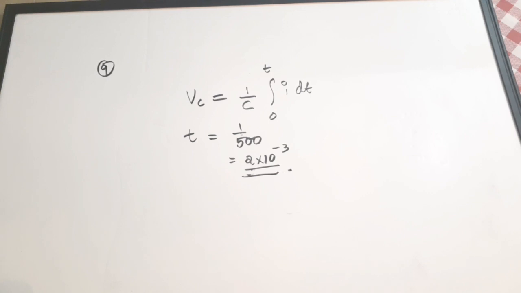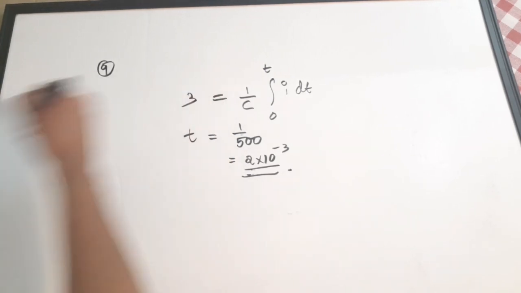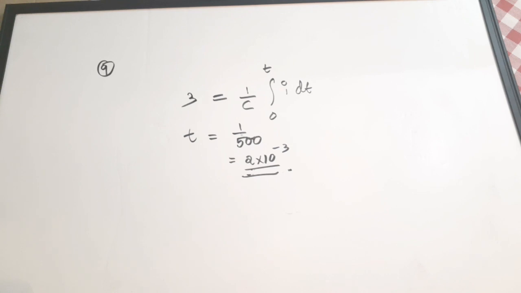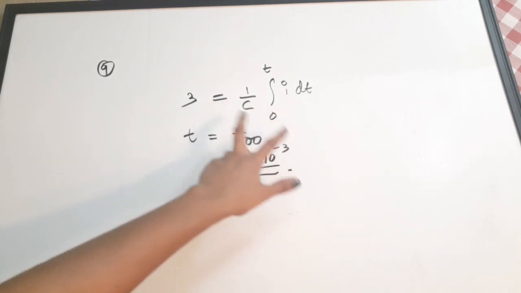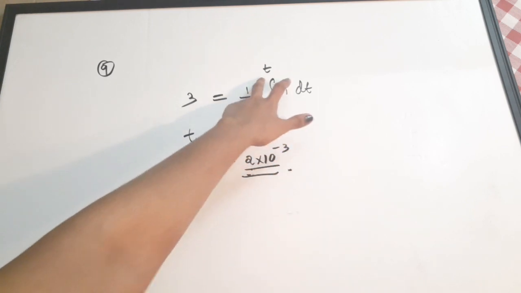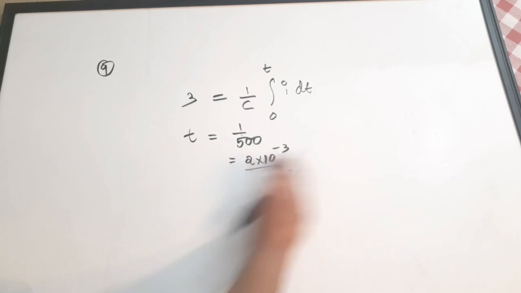And what is VC? It is given in the question that the capacitor is charging to a voltage of 3. So the value of the capacitor is also known. Now we can substitute the value of T here, and we can find the value of current, right?